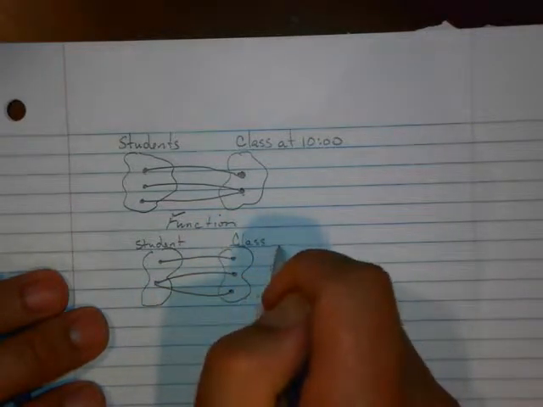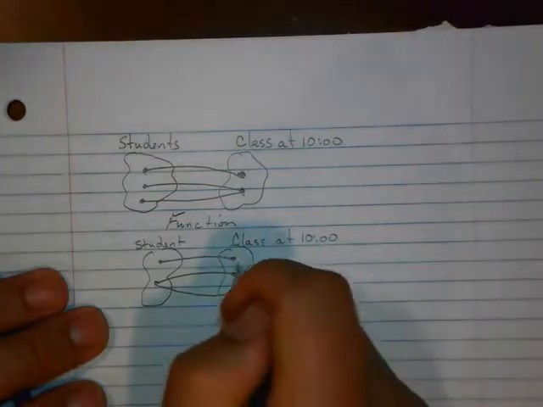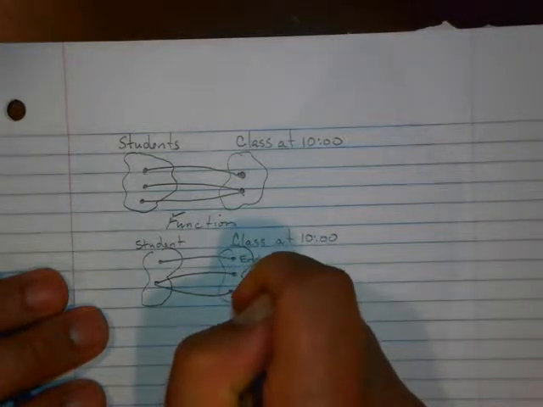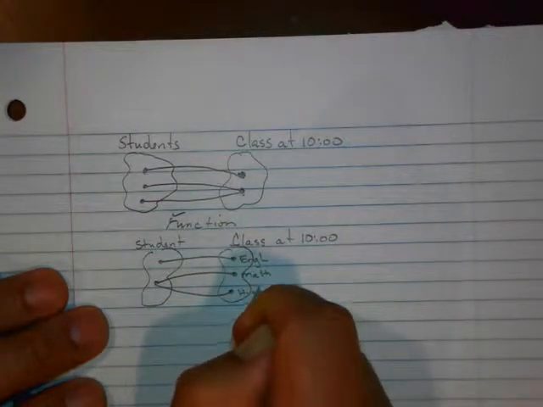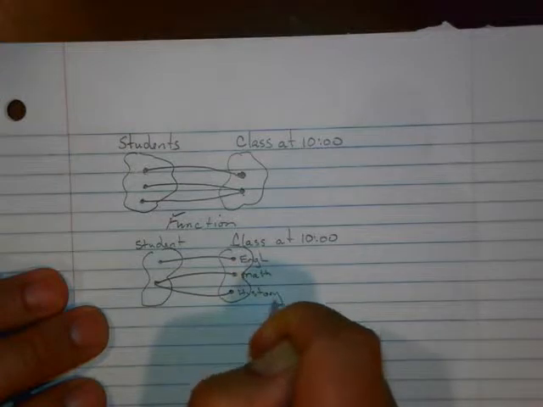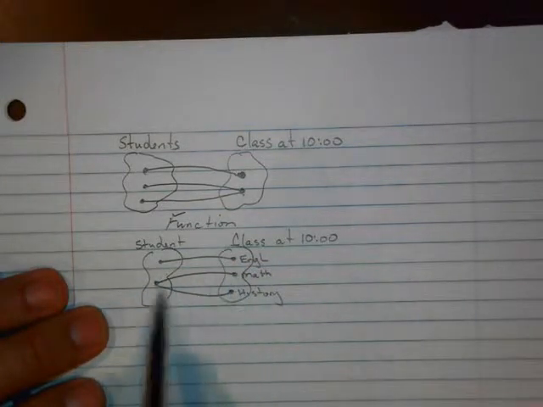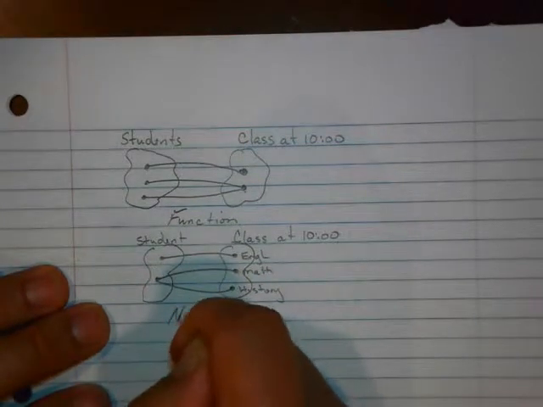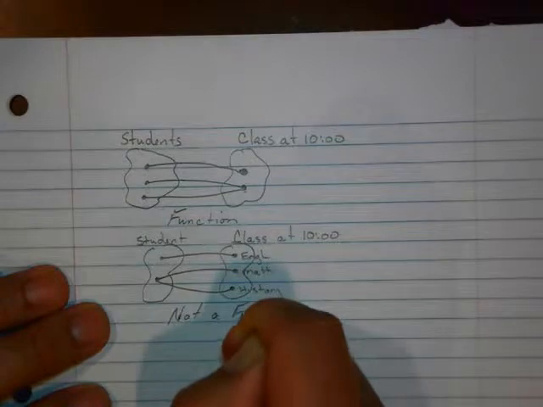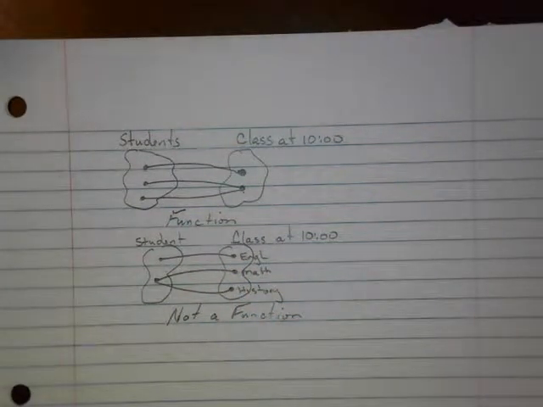This could be English, math, history. So here's one student trying to go to 2 different classes at the same time. So this is not a function. For every input, there has to be exactly one output.